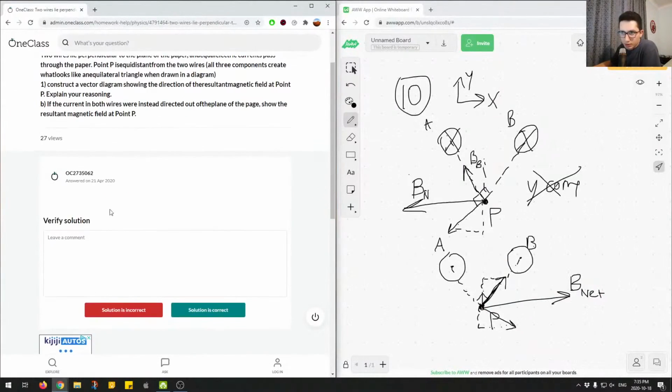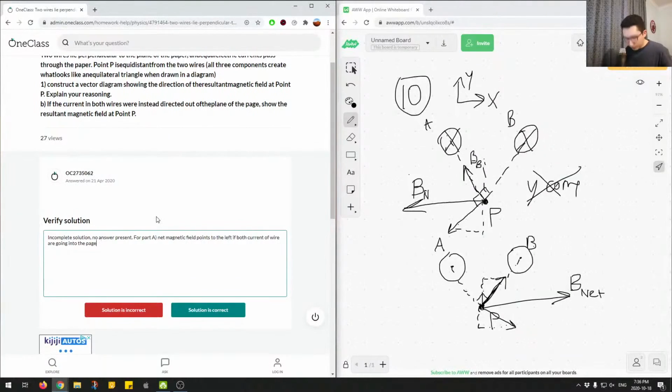Here we're not really provided with a solution from the junior tutor, so we'll mark this as the incorrect answer, or incomplete solution, no answer present. For part A, net magnetic field points to the left if both currents of the wire are going into the page.